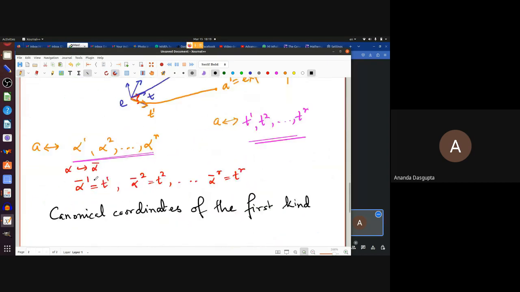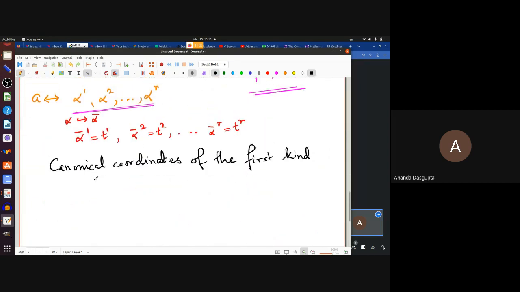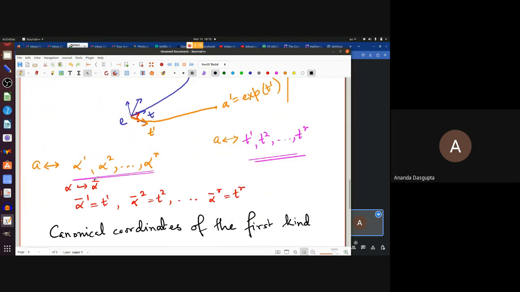Notice that in these canonical coordinates of the first kind, what are the coordinates of this point A sigma? Okay, I'm back, I guess.